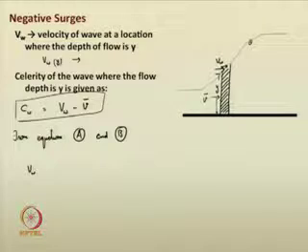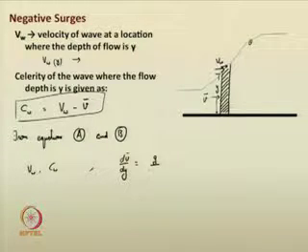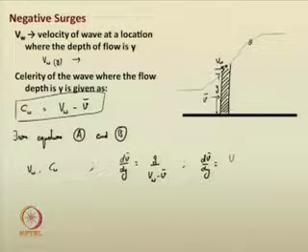So, using both Vw and Cw and also equations A and B, I will just work it out for your benefit. dV bar by dy is equal to g by (Vw minus V bar). Similarly, dV bar by dy is equal to (Vw minus V bar) by y. Use both relationships. Vw minus V bar is nothing but your celerity.